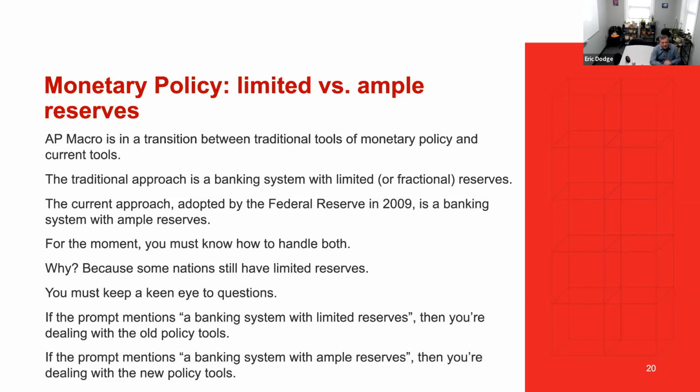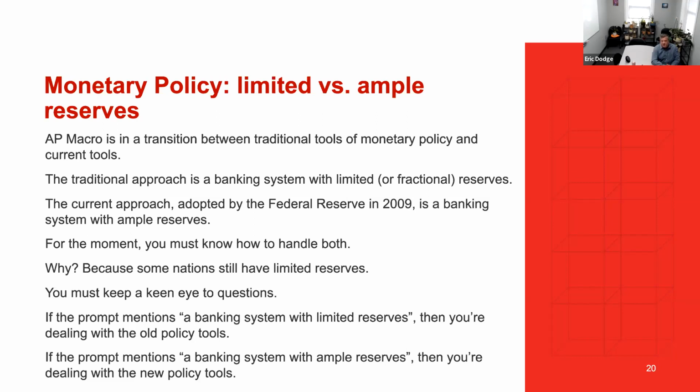I say here in the slide, keep a keen eye to the questions. If the prompt says that the banking system has limited or fractional reserves, then you switch your brain over to, oh, those are the old traditional tools, buy bonds and money market and all that stuff.